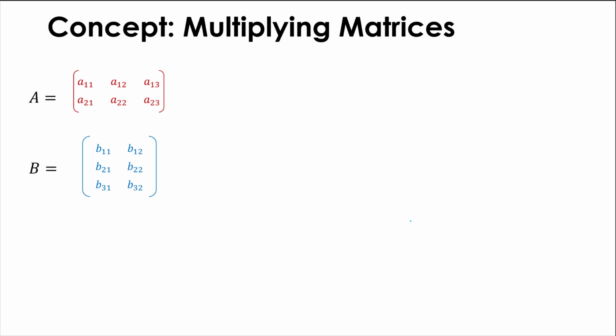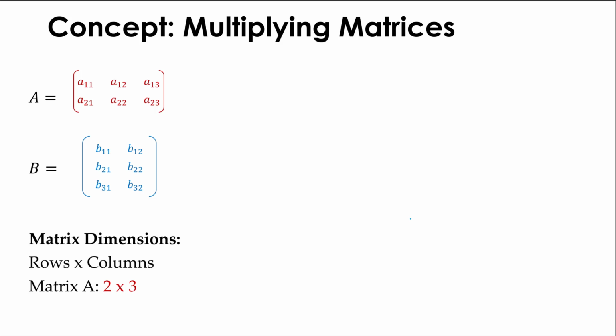If I have matrix A and matrix B here, first thing we need to understand is a little bit about the dimensions of our matrices. When I talk about dimensions of a matrix, we talk about row by column, kind of like a rectangle, I've got base by height. So rows by columns for our matrices.